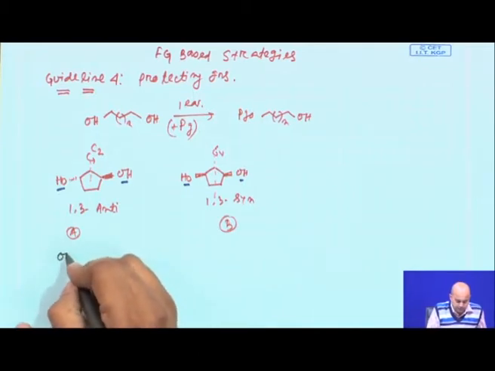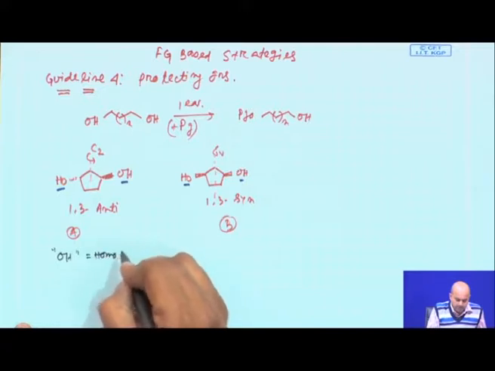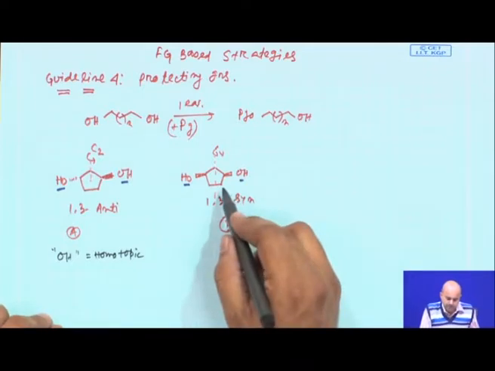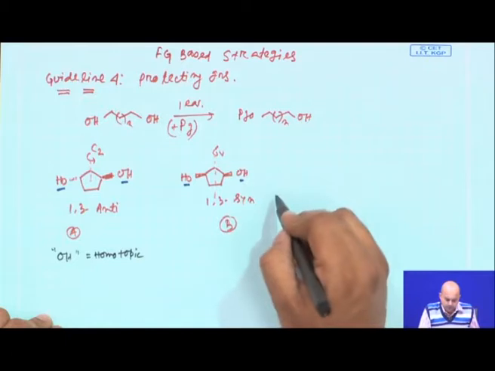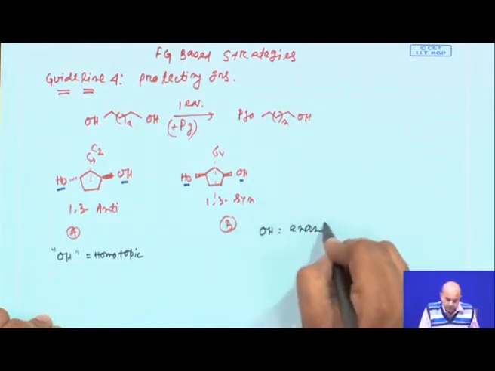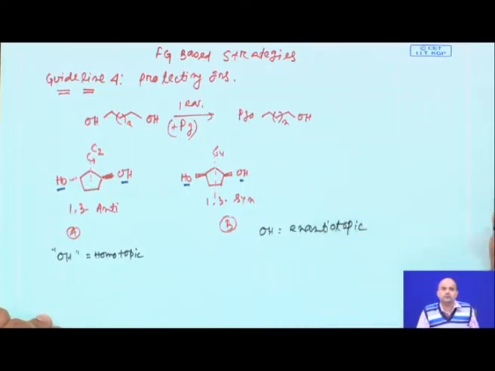So these two OH groups are homotopic, meaning they are equivalent. For the other compound, as they are related by the mirror plane of symmetry, these OH groups are enantiotopic. What implication this homotopicity or enantiotopicity has for protecting group chemistry, we will now demonstrate with this particular example.